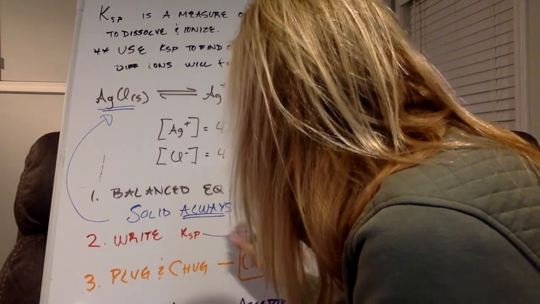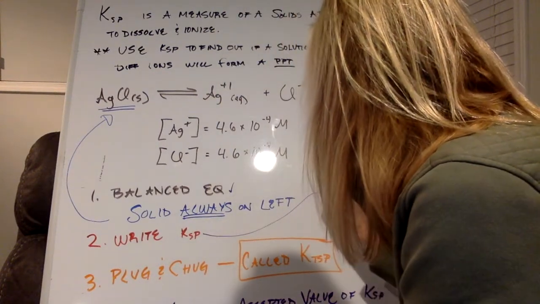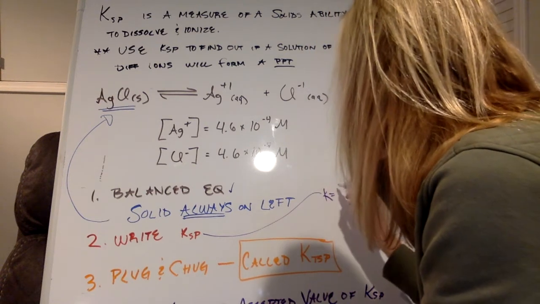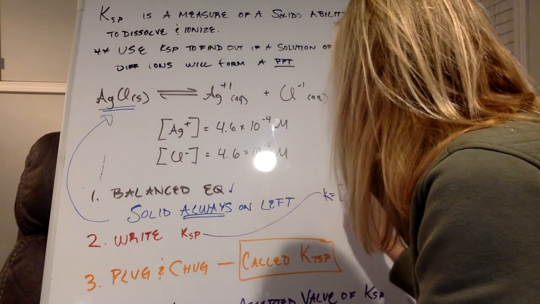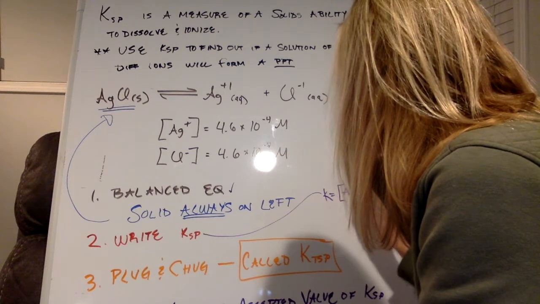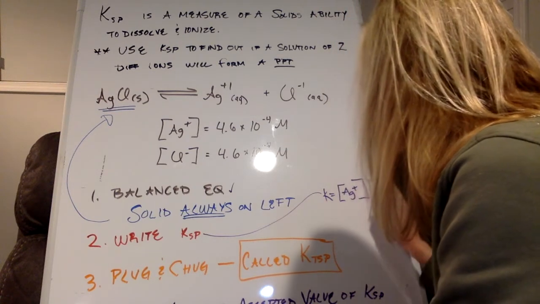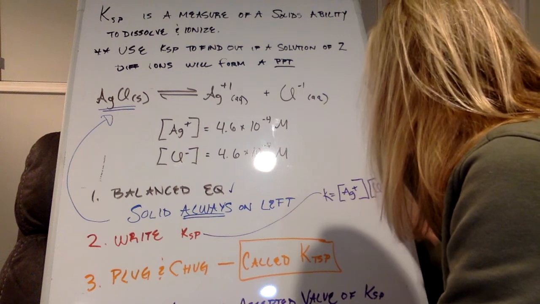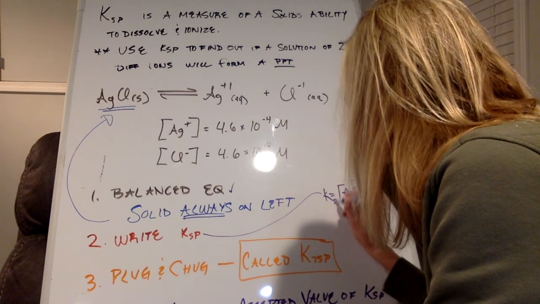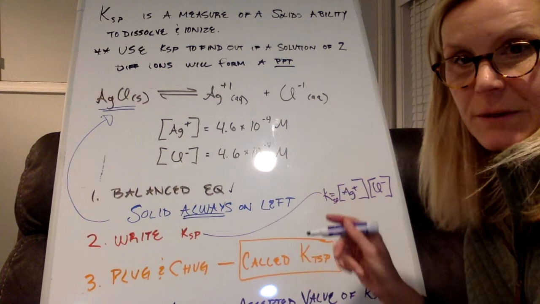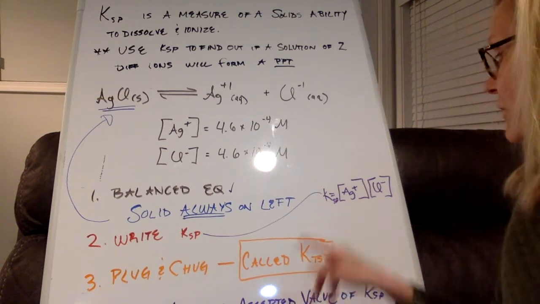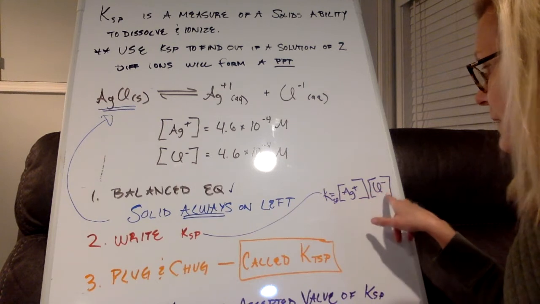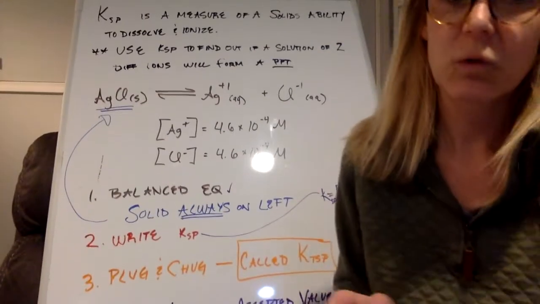So right here, K is, and it's a special K, right? Special KSP, special K. So my KSP is the concentration of silver times the concentration of chloride.